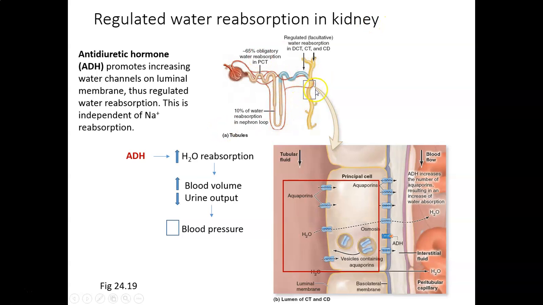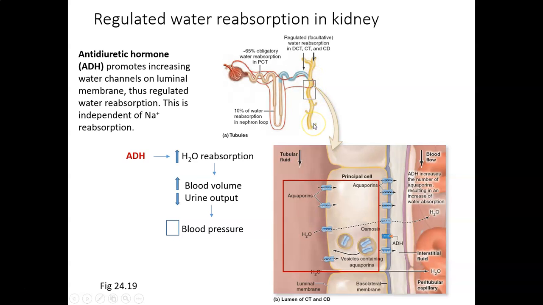And the last part, similar to sodium, happens in the distal portion of the nephron, where the regulated, facultative water reabsorption happens. That means depending on your body's needs, it decides how much water gets reabsorbed.